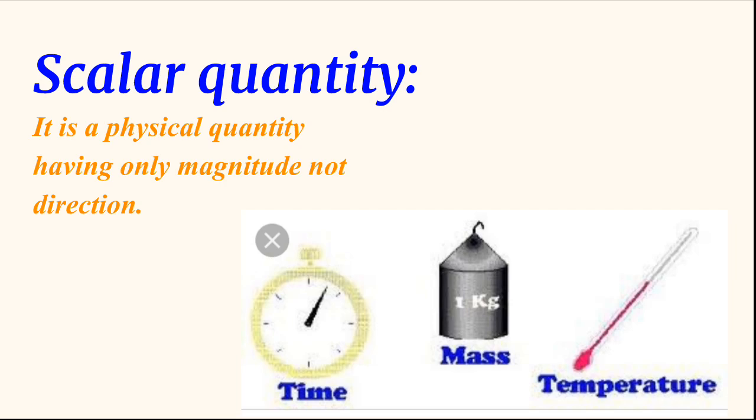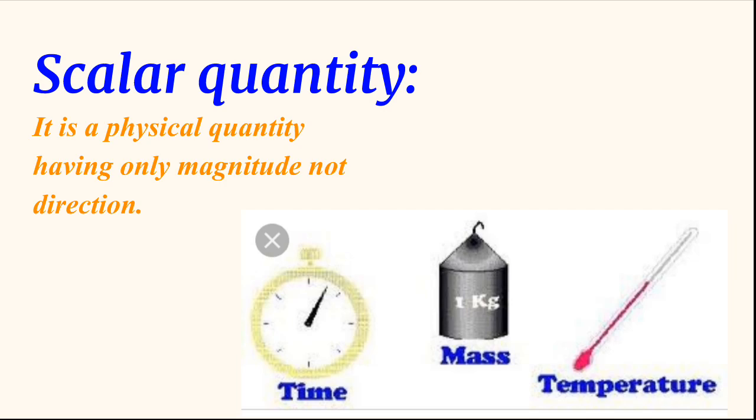Okay, not direction. So what is magnitude? Numerical values are known as magnitude. Means 8 kilometer. Here 8 is your magnitude, but not kilometer. Only 8 is your magnitude, means numerical value, not direction. We have seen 2 kilometer north.